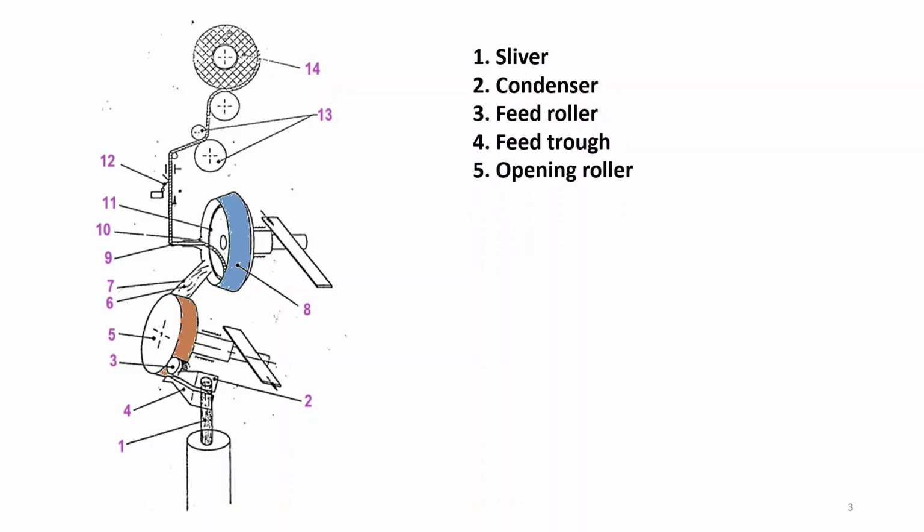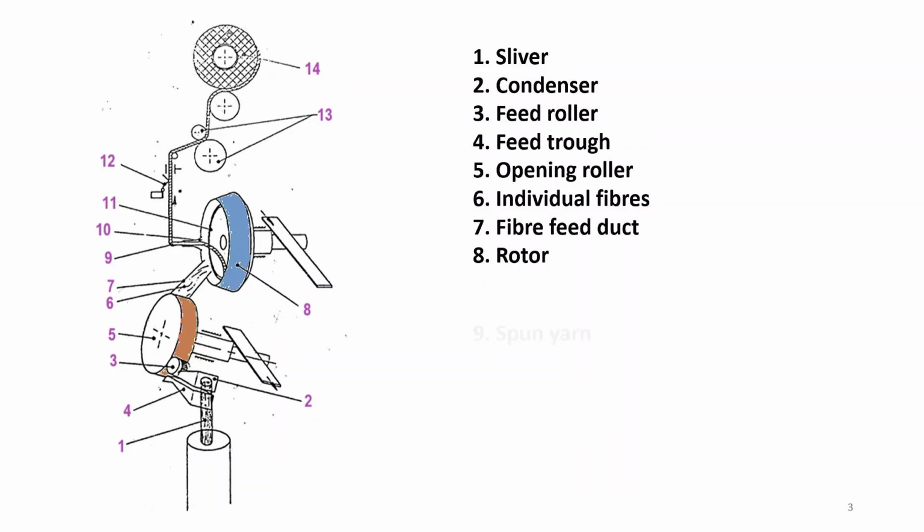Then the opening roller opens the fibers, and the individual fibers are fed to the transport channel, the fiber feed duct, which transports the fibers to the rotor wall.